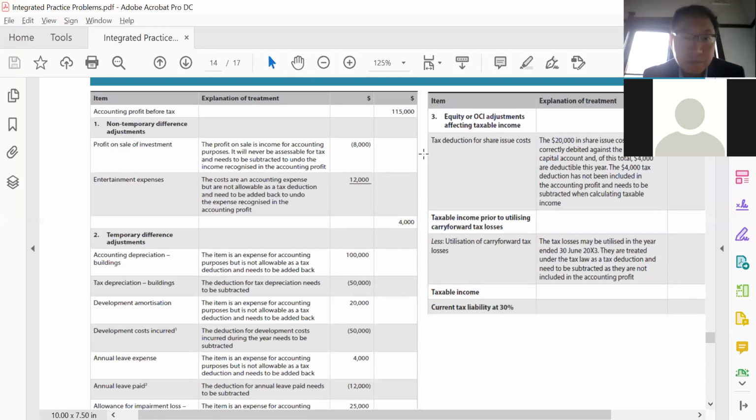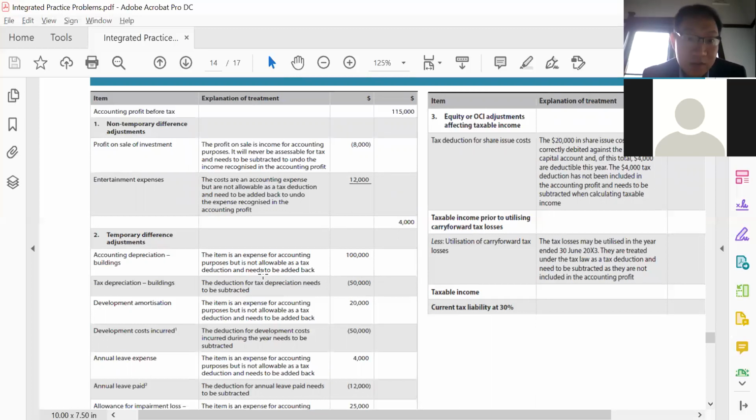So what are they? Well, the first is that accounting depreciation is different from tax depreciation. We are told from the question that accounting depreciation was 100,000, and that tax depreciation was 50,000.